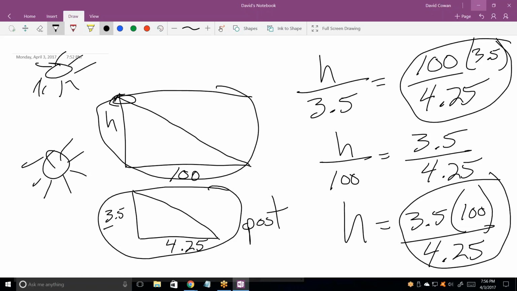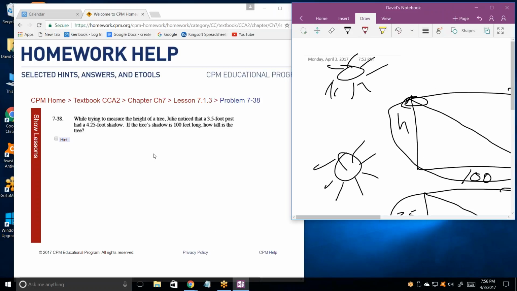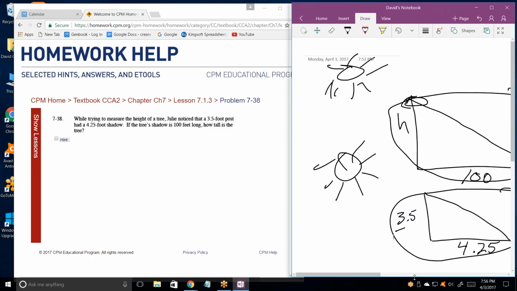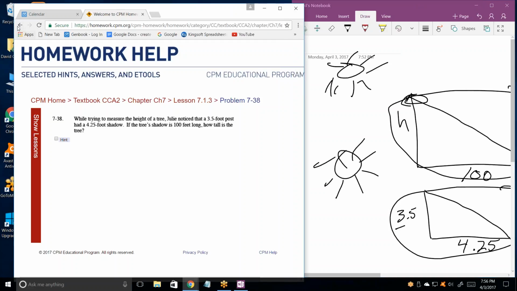So it's not just one way that the ratios work. They work in virtually any way you want to put them. When you're dealing with similar triangles, that is the truth about ratios: you can do it pretty much any way you want.